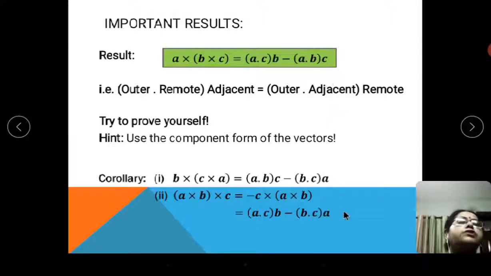Therefore, it shows that A cross (B cross C) and (A cross B) cross C are not the same quantity. So we should be very careful with the position of the brackets in this case. We cannot just change the position of the brackets because the order is the same.